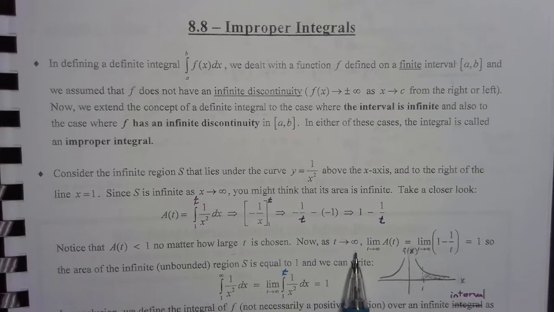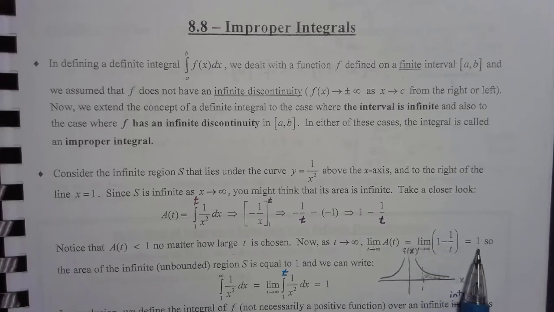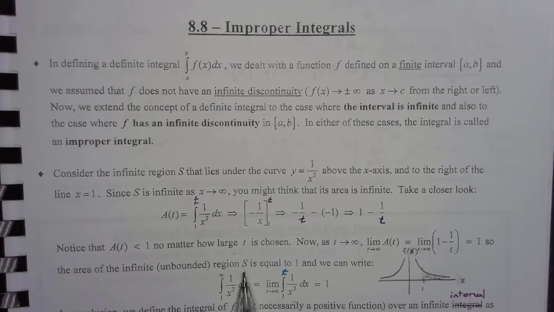Now, as t goes to infinity, in other words, the limit as t goes to infinity of our area is equal to the limit of 1 minus 1 over t, which equals 1. So the area of the infinite unbounded region S is equal to 1, and we can write that the integral from 1 to infinity of 1 over x squared dx equals the limit as t goes to infinity of the integral from 1 to t of 1 over x squared dx, which is 1.